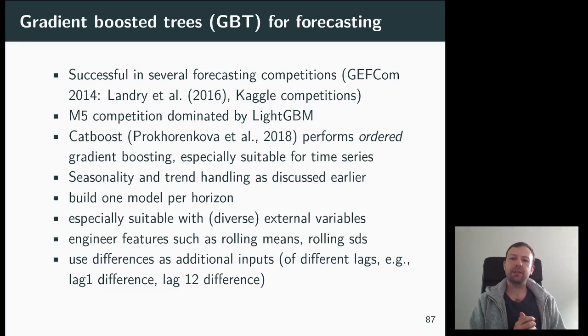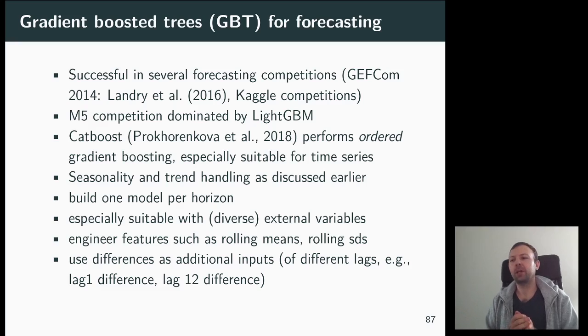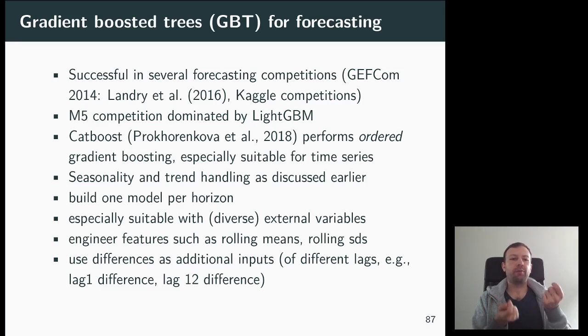different differences. So for example, you could do a lag 1 difference and a lag 12 difference. So basically for each value, you take the current value minus the last value, and you take the current value minus, let's say, the value 12 back.